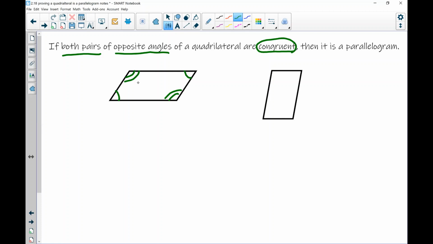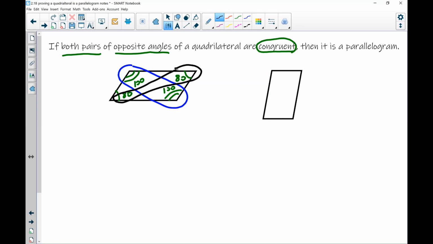For example, these could be 100, and the other ones would have to be 80, because remember, our consecutive angles have to add up to 180. So the opposite ones here are 100, and the other ones going this way are both 80.